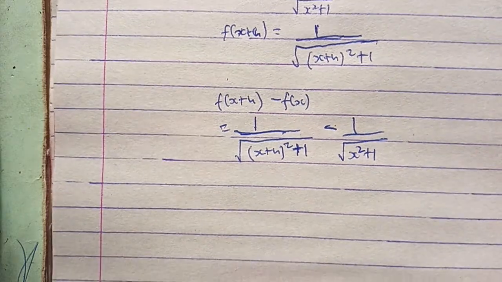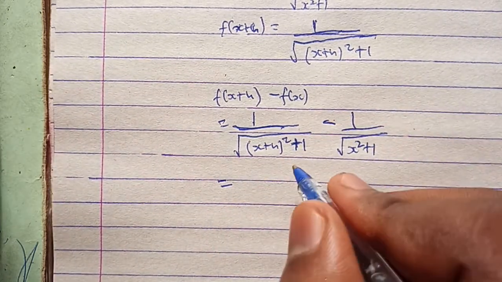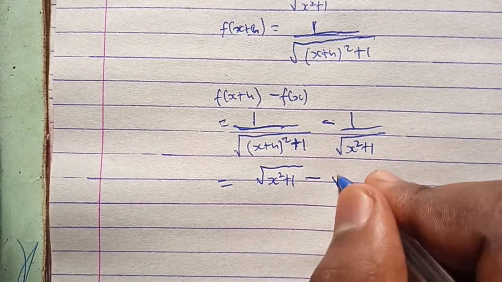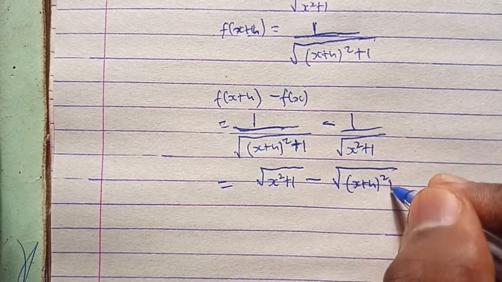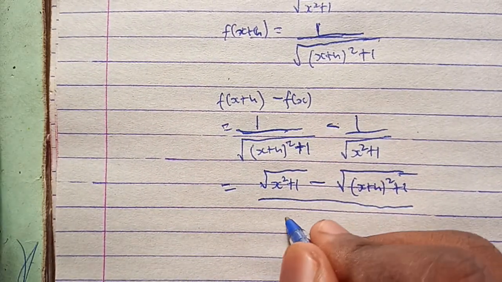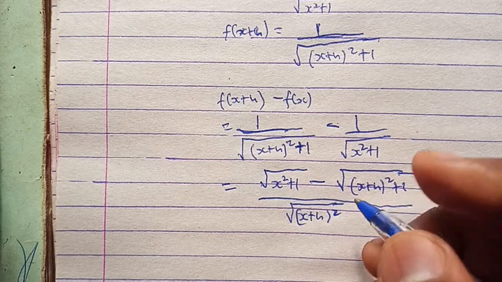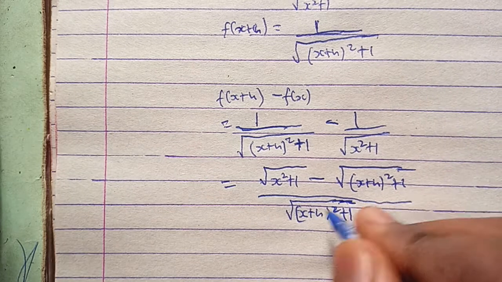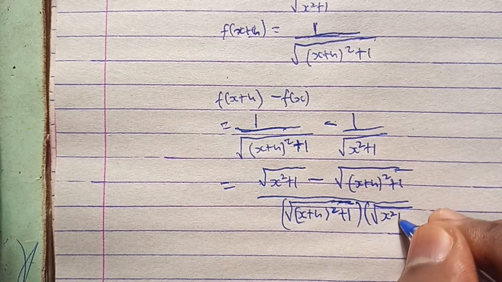So in simplifying this, guys, we will get square root of x squared plus 1 minus square root of x plus h all squared plus 1, that is the numerator, all over the denominator, and that will be square root of x plus h in bracket squared plus 1, multiplying by square root of x squared plus 1.